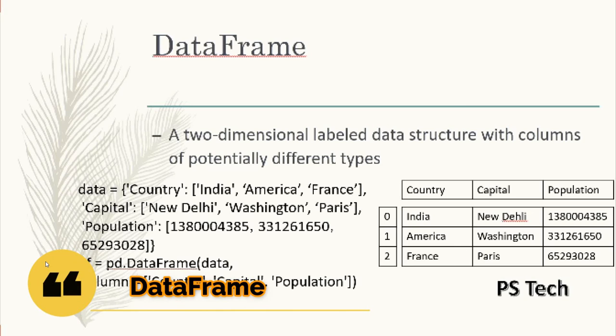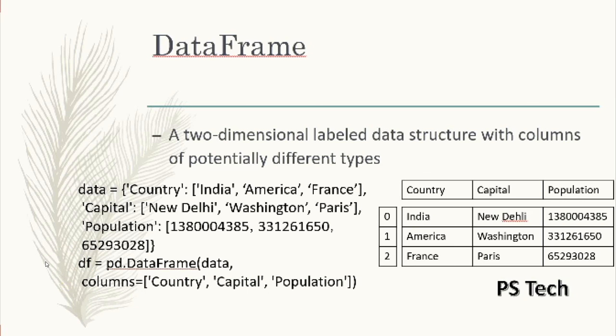A DataFrame is a two-dimensional labeled data structure with columns of potentially different types. It has indexes and columns also. Here data is a dictionary which contains country, capital of that country and population of that country as keys, and the values given to those are the actual values of our DataFrame.